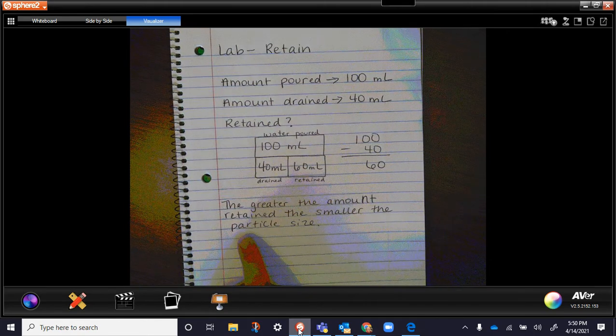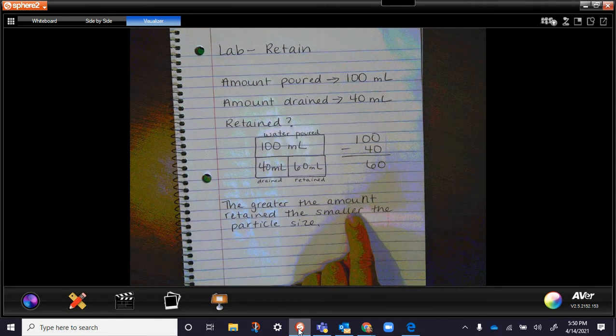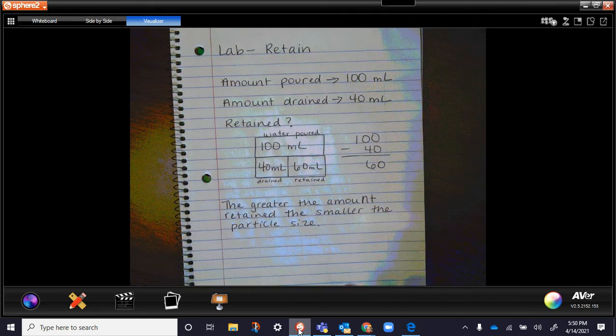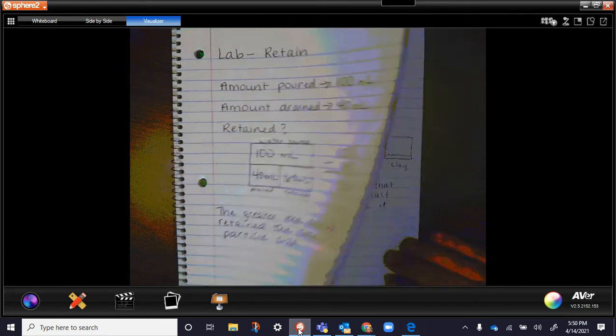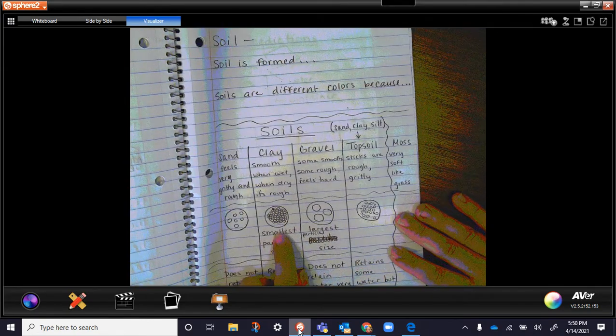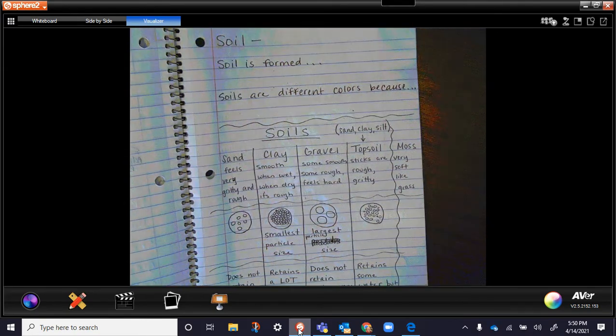So there are several statements that we can make by doing this. We could say the greater the amount that was retained, meaning the more water the soil was holding on to, the smaller the particle size. Because if you remember, go back to our notes about particle sizes and that thing we did where I had the kids line up and I was pretending I was the water trying to go through.